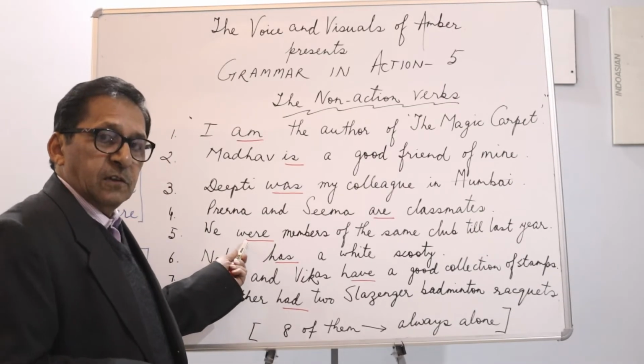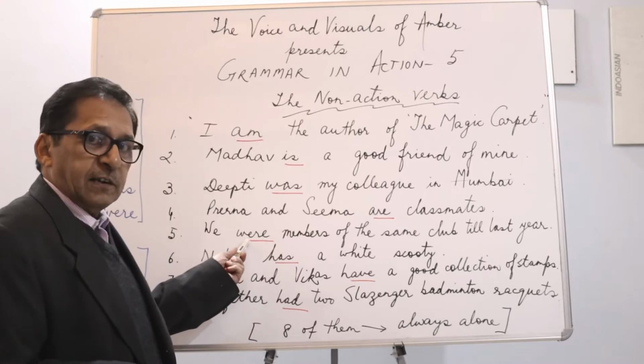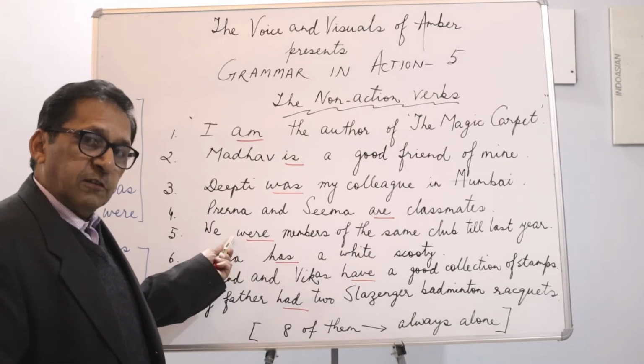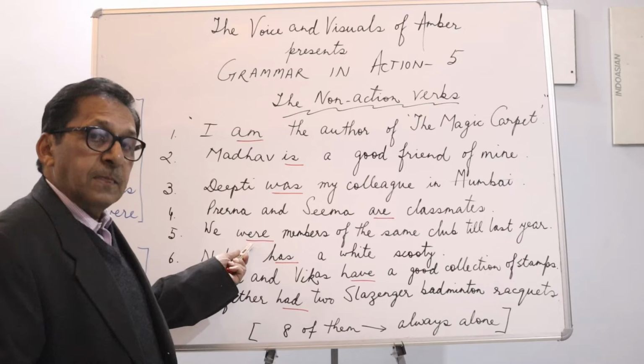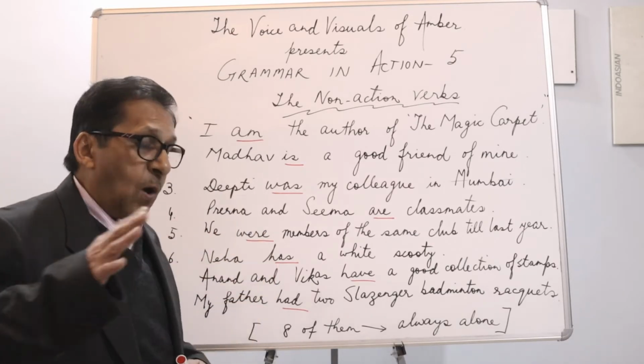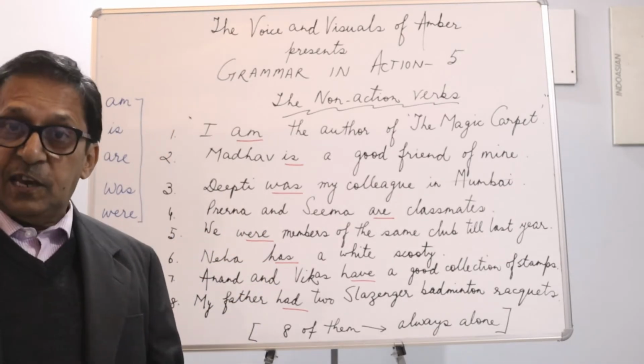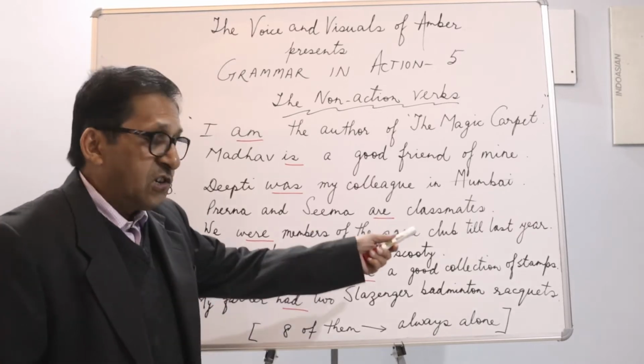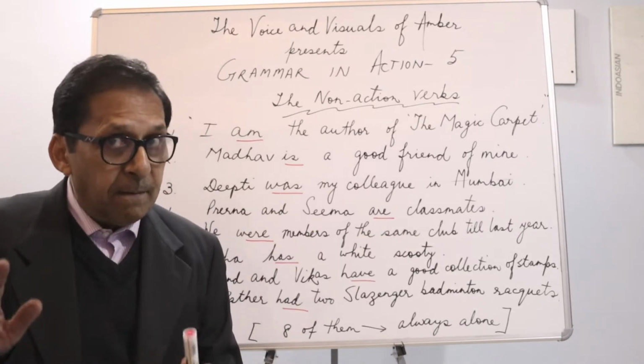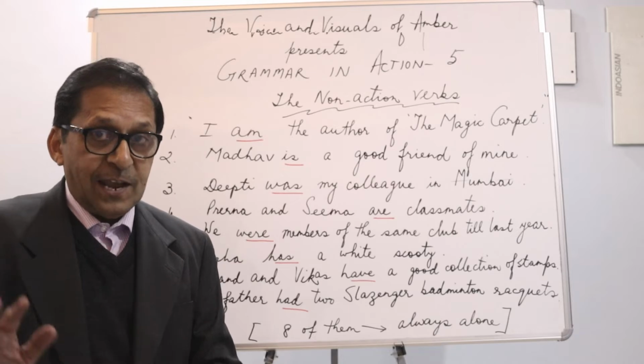Now we move on to the plural subject and the corresponding to be verb in the past. We were members of the same club till last year. So we were members of the same club. So again, we were.